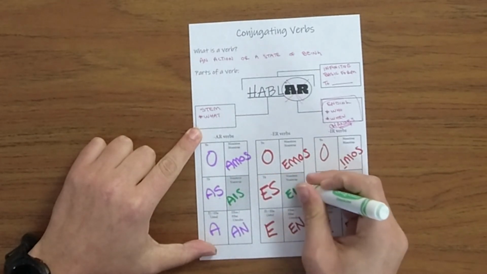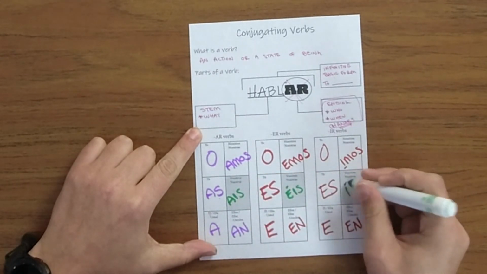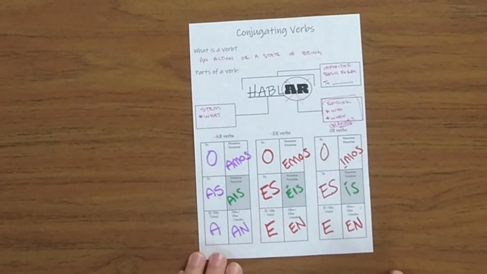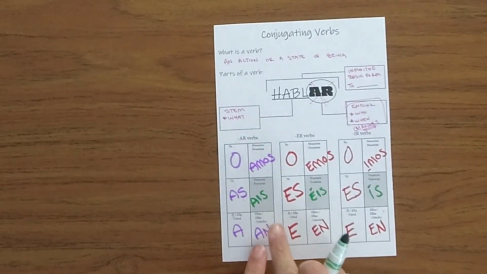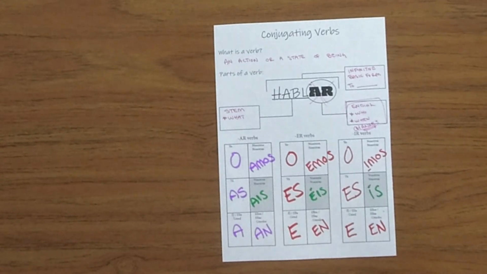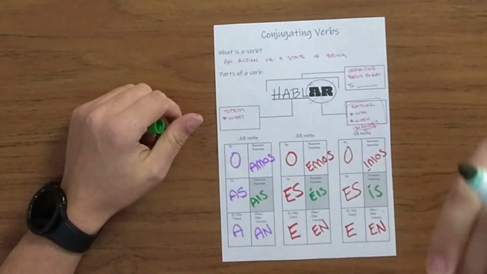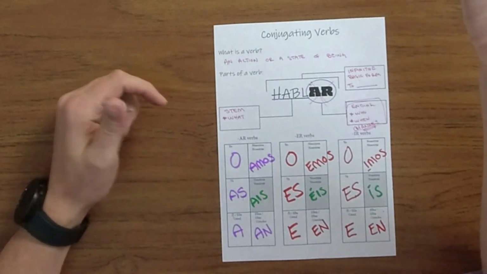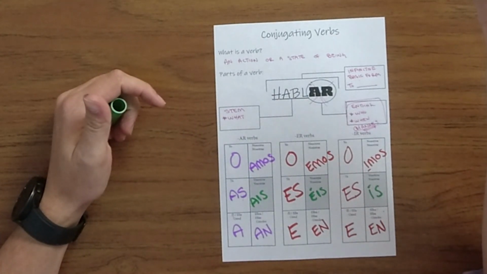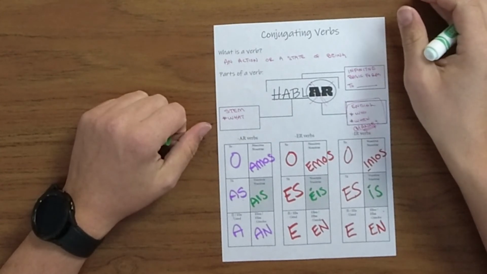You have these endings here. They're good to know. It's nice information to have, and we'll introduce and practice with it, but you're not going to be tested on it. You're not going to be required to know it. It's good information to have, and we'll keep it there.